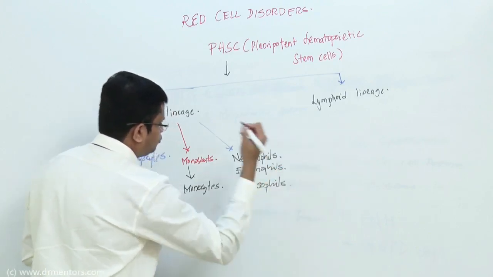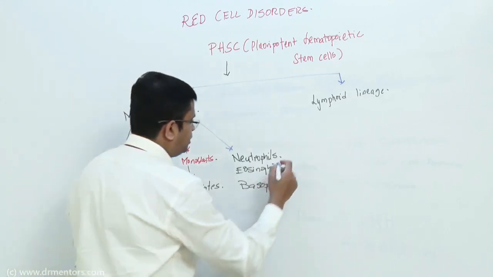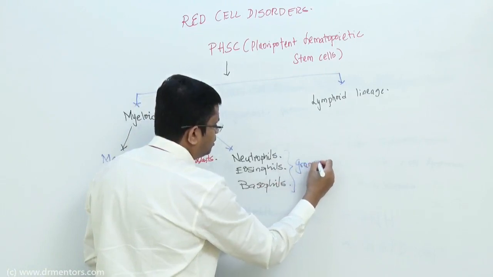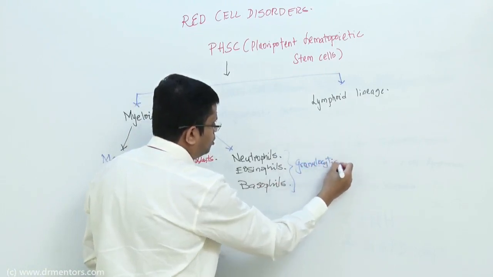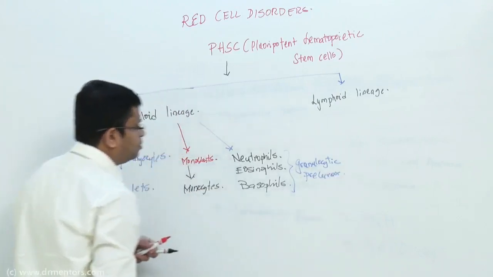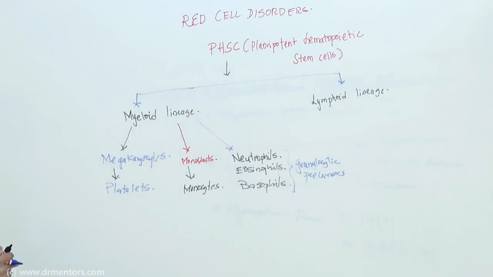So the myeloid lineage also gives rise to the granulocyte family. This is basically coming from the granulocytic precursors in the marrow, which we'll see in the marrow, which give rise to the mature cells like neutrophils, eosinophils, basophils.